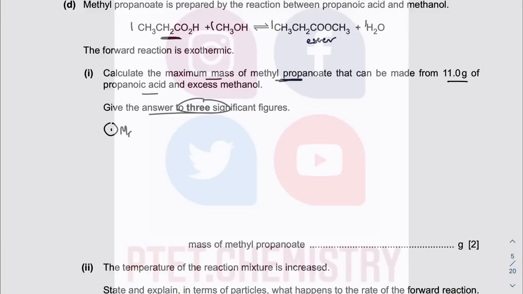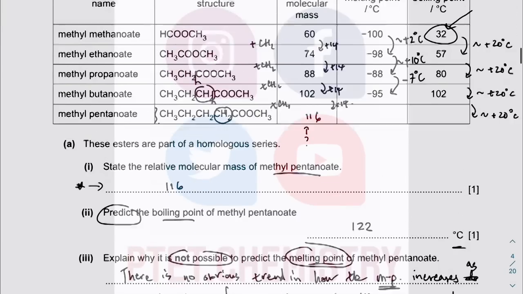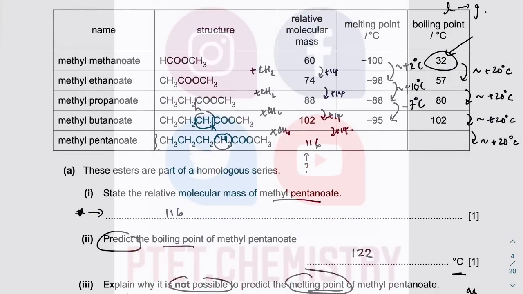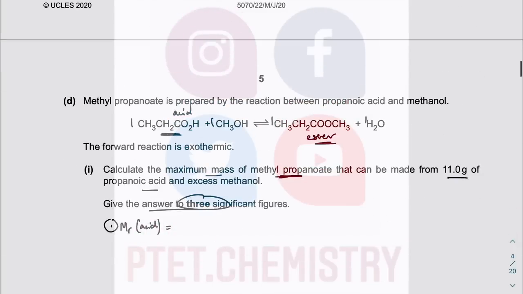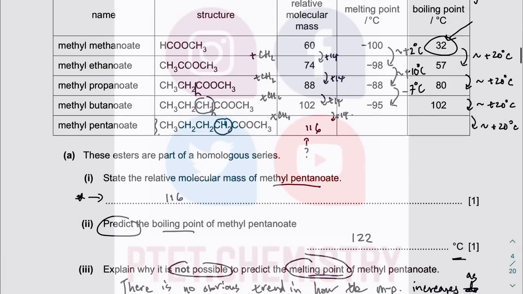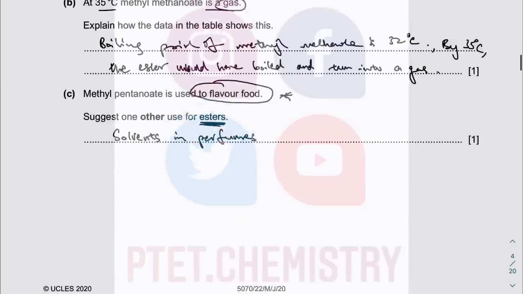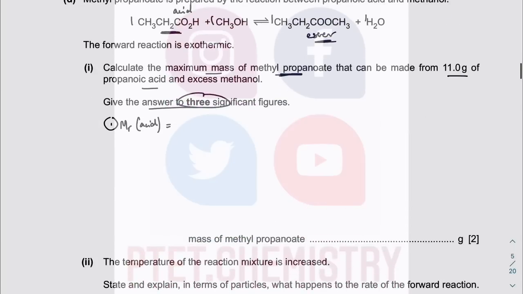So I will start by working out the mole of the acid. When I say the acid, this is the acid, and the ester is here, okay? So, are you given the mole of the acid? No, but you are given the molecular mass of the ester, which is methyl propanoate, 88.